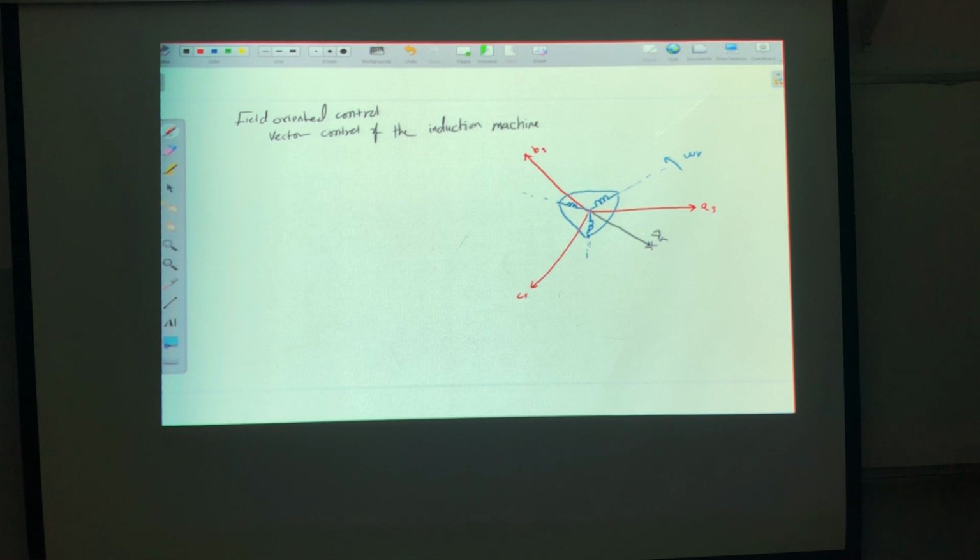The trick is how to capture the point where you need to put your reference frame. So let's assume that I am lucky. It's my lucky day, and I can put the D in the direction of lambda R. Understood what I'm doing?